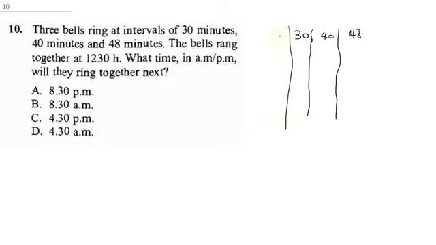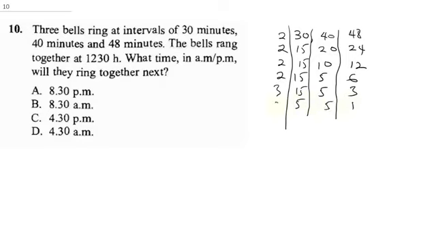So we are going to divide through by 2: 30 is 15, this is 20, this is 24. 2 here, it's 15, this is 10, this is 12. 2 here, it's 15, 5, and this is 6. 2 here will be 15, 5, and 3. We have 3 into 5, 5, and 1, and we have 5 into, this will be 1, 1, and 1.